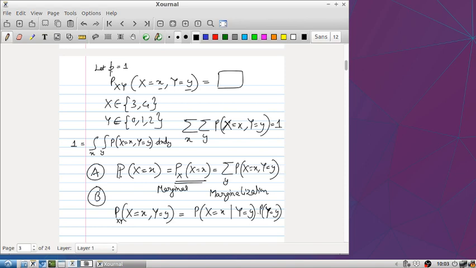It's saying that the probability of two random variables taking two specific values is the probability that the first random variable takes a value given that the second random variable took some value, times the probability of what the second random variable took. And there is no notion of first and second, so I can also write it this way: the probability that y takes a value y given x takes a value x, times the probability that x takes a value x. What might be confusing is, what does the given mean?